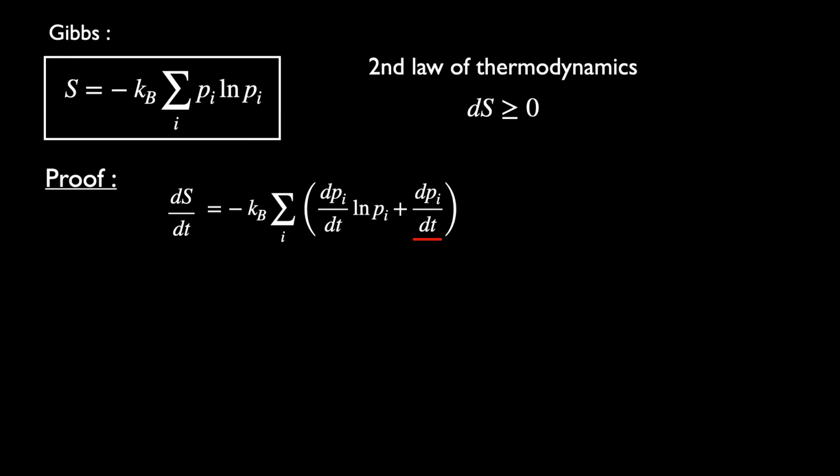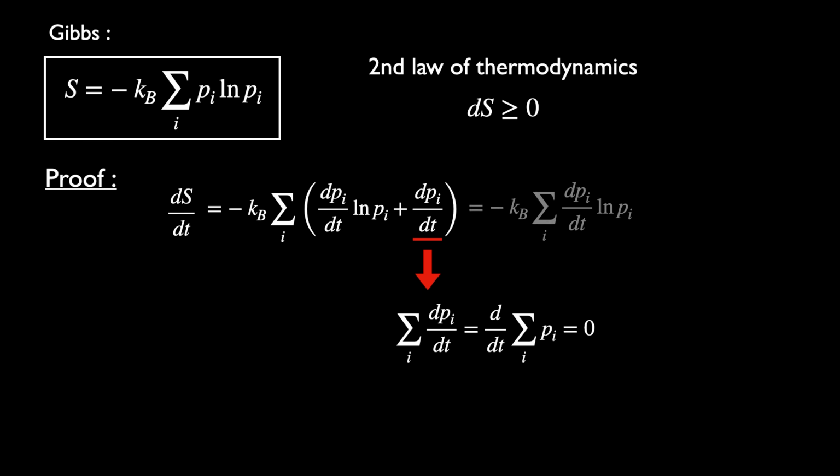The second term within the bracket becomes just the time derivative of pi once the derivative of log pi is evaluated. We find that this term is just the derivative of the sum of all probabilities, which must necessarily be 0. This leaves just the first term.